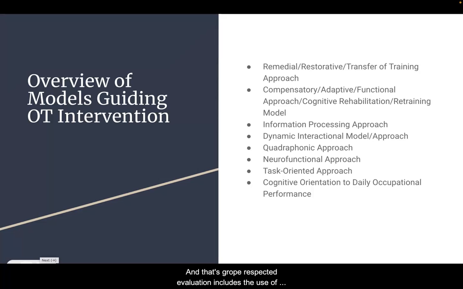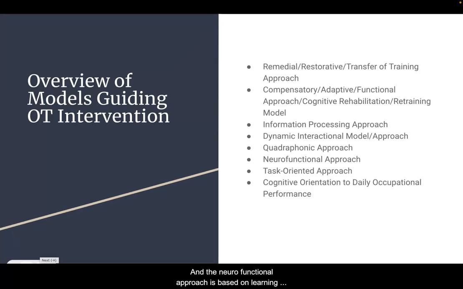The macro perspective evaluation includes the use of narratives, interview, and real-life occupations such as shopping, cooking, and other IADLs. It makes use of several other theories: information processing theory, teaching and learning, neurodevelopmental evaluation, and biomechanical evaluation. So it uses all of the skills you have learned thus far to create an intervention plan for this client.